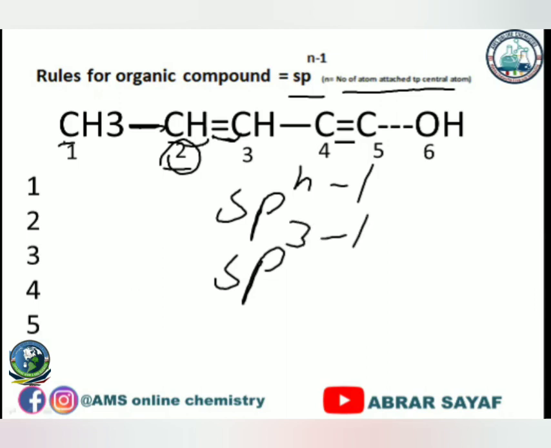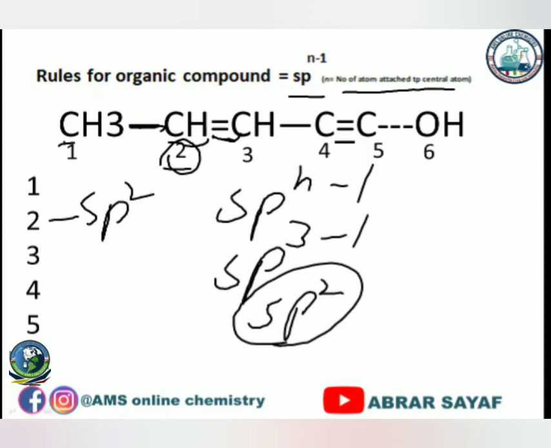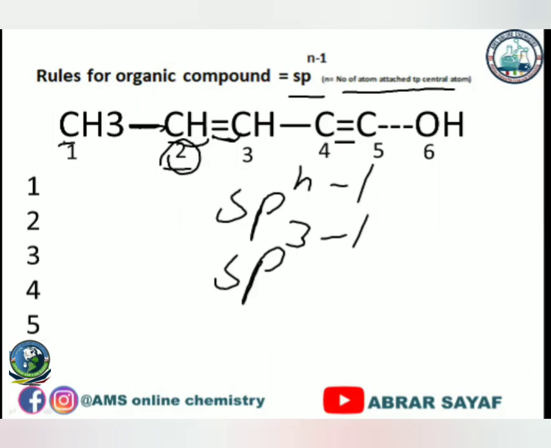So the n is 3. So 3 minus 1 is equal to 2. So the hybridization of carbon number 2 is sp2. The same is the case with the third carbon. Now let us find out the hybridization of carbon number 4.